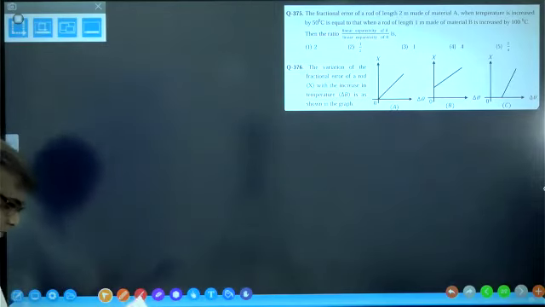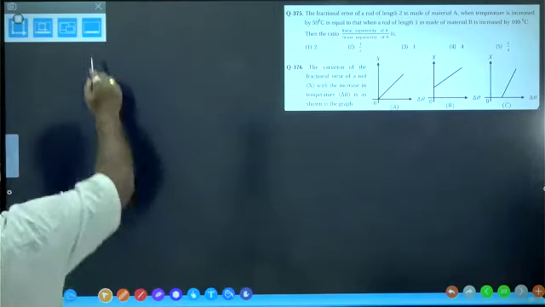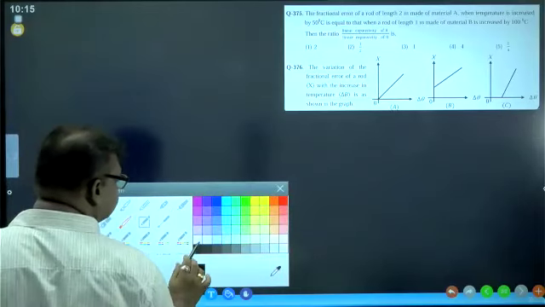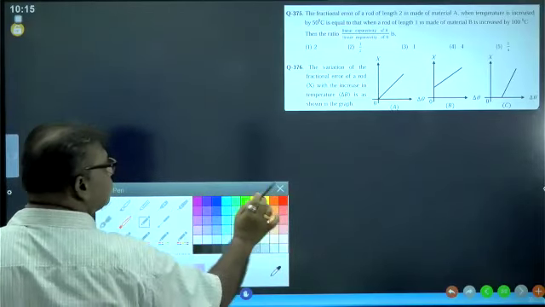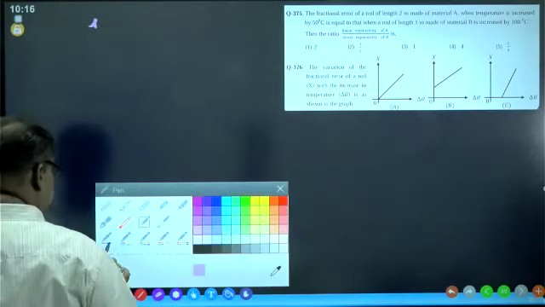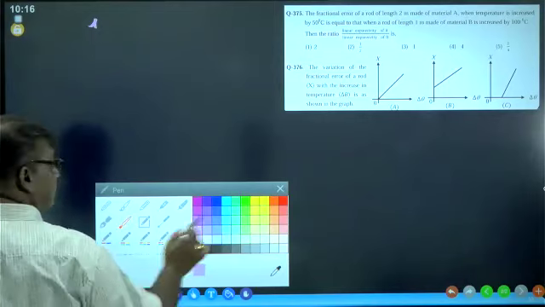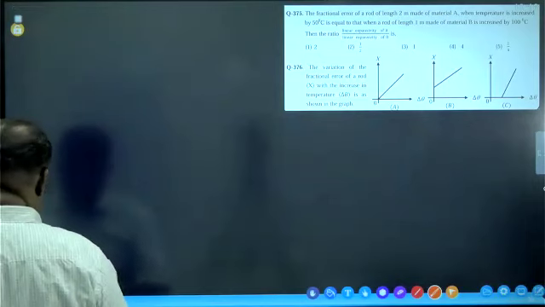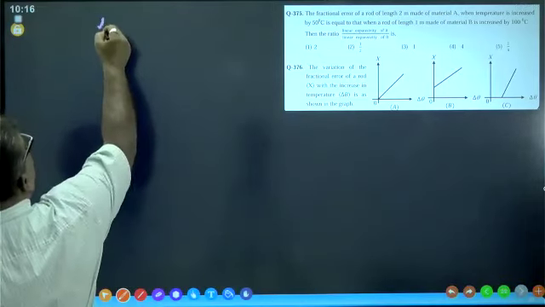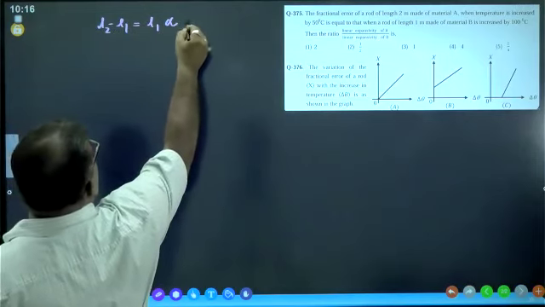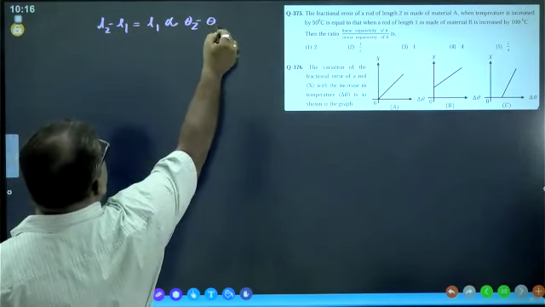First of all, we should identify fractional change of length, right? Fractional change of length is, basic equation, L2 minus L1 equals L1 alpha (theta 2 minus theta 1).